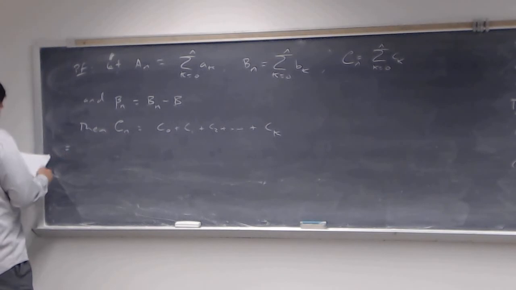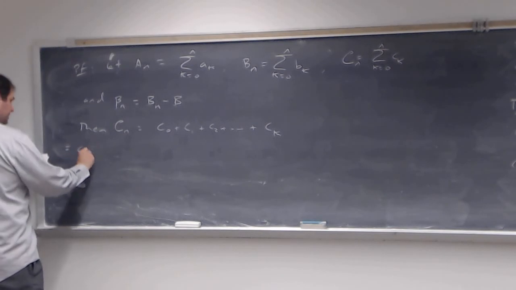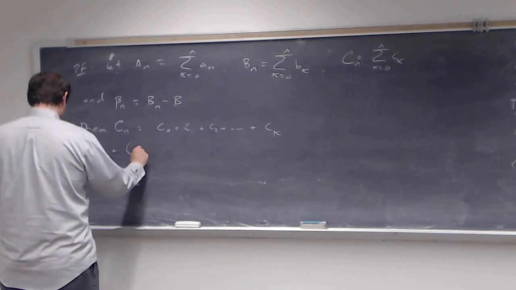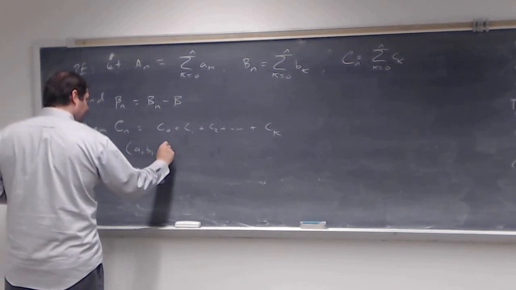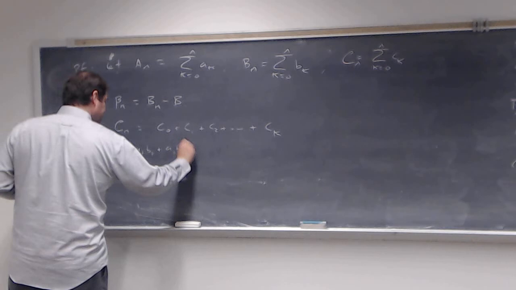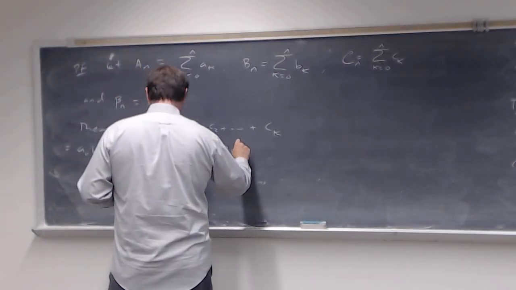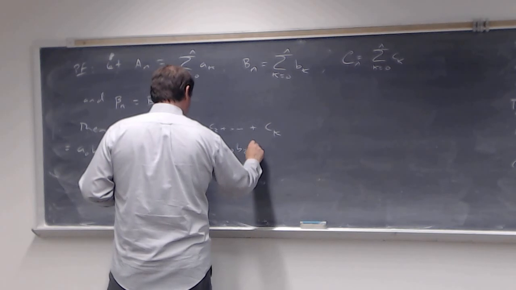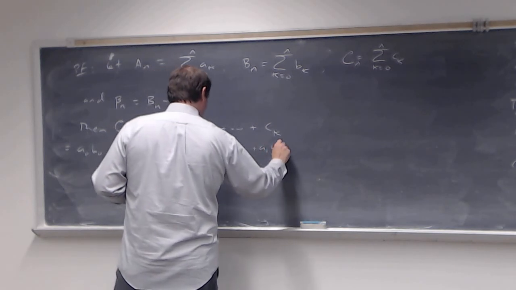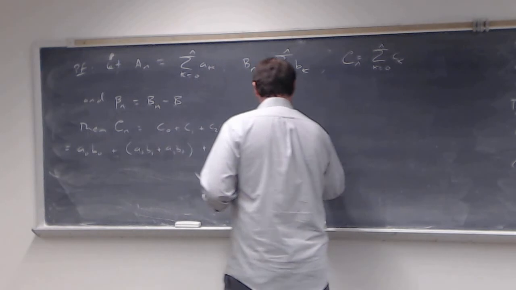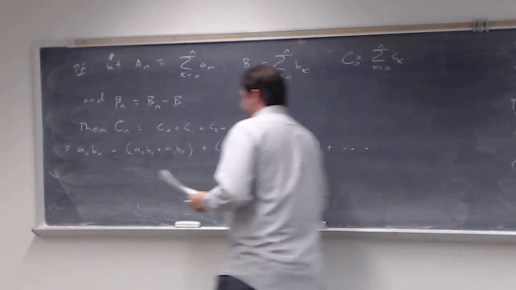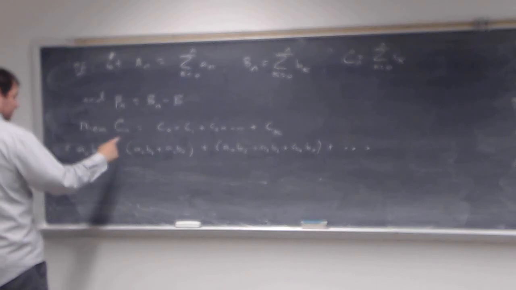The first term is a sub 0, b sub 0, plus the next term, c sub 1, is a sub 0, b sub 1, plus a sub 1, b sub 0. The next term is a sub 0, b sub 2 plus a sub 1, b sub 1 plus a sub 2, b sub 0, plus, excuse me, we keep going until we get down to the last term.